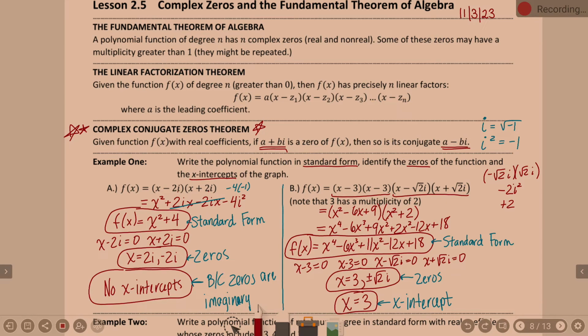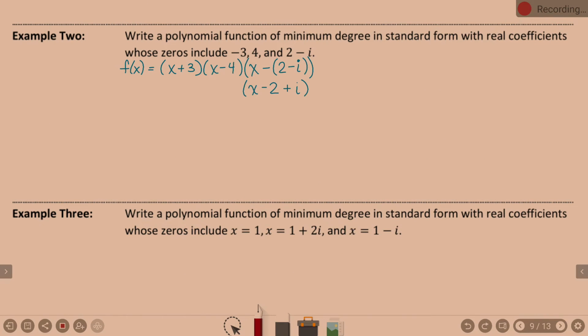What does that mean for our problem? If 2 minus i is a 0, the conjugate of 2 minus i is 2 plus i.